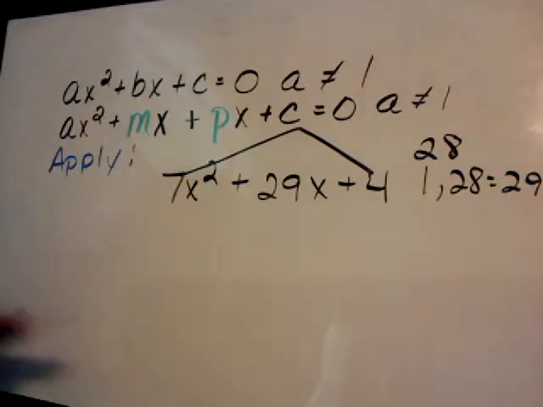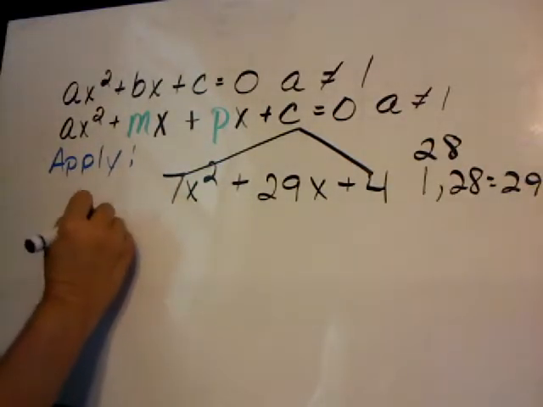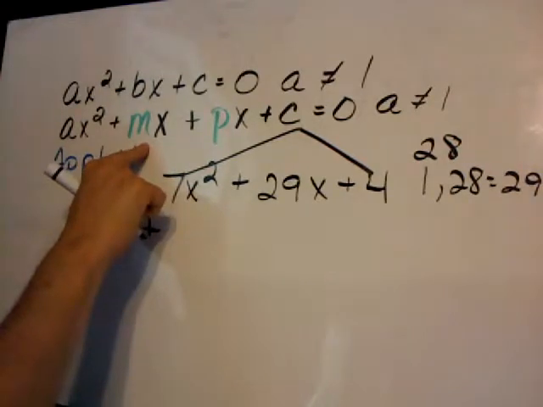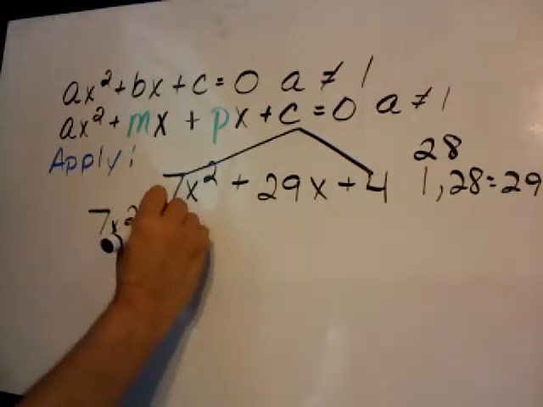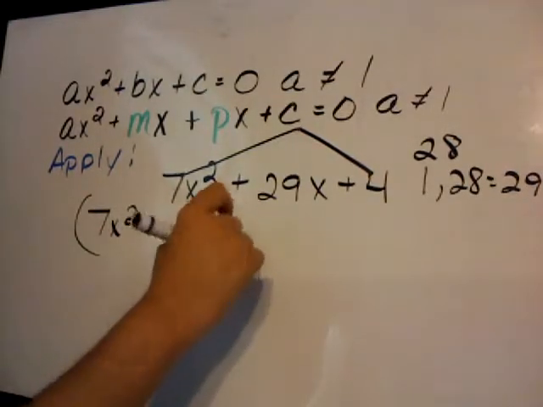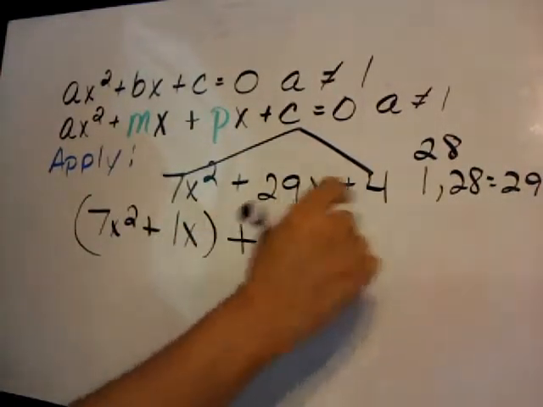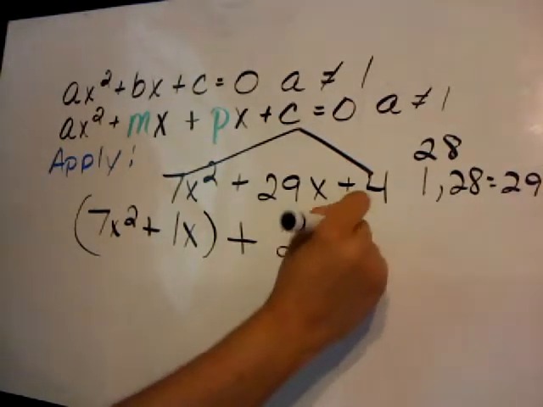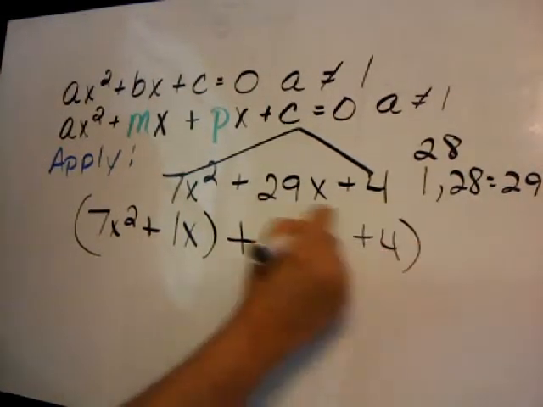Now again, I want to group them so that I can get the greatest common factor. So I'm going to choose to say 7x squared plus, instead of mx, I'm going to put in 1x plus, instead of px, I'm going to put 28x plus 4.